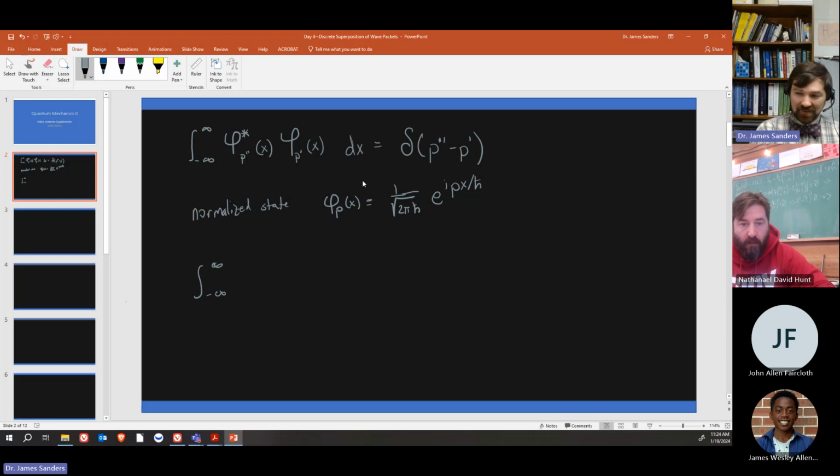We're doing the same math that we did before for inner products with position states for any kind of continuous state like this. So we have this term and this term again. This part is 1 over 2 pi h bar, and our functions end up being e to the i (p prime minus p double prime, or p1 minus p2) x over h bar dx. And that, of course, is this Dirac function.